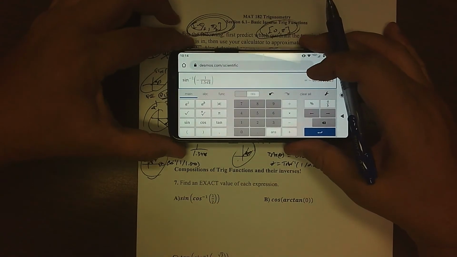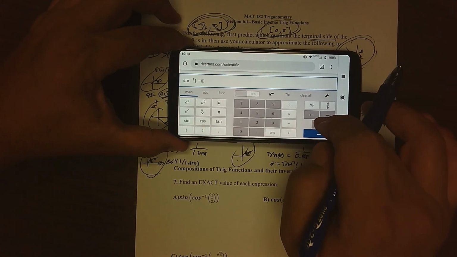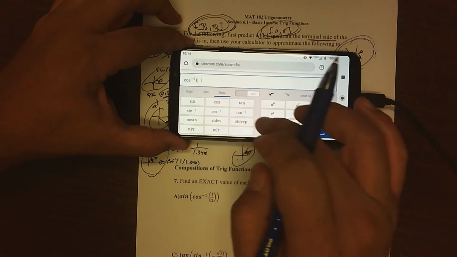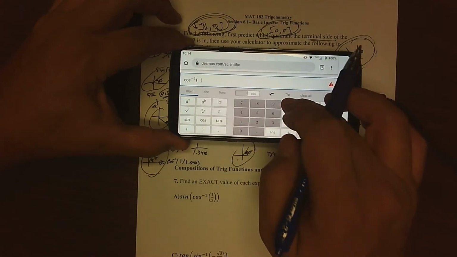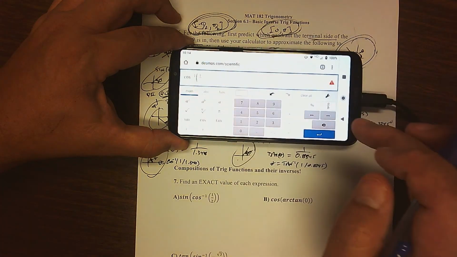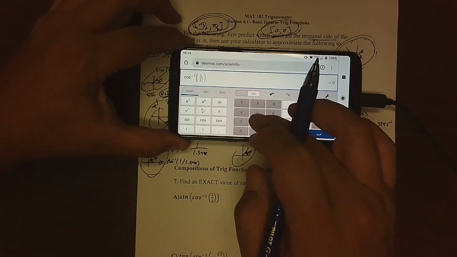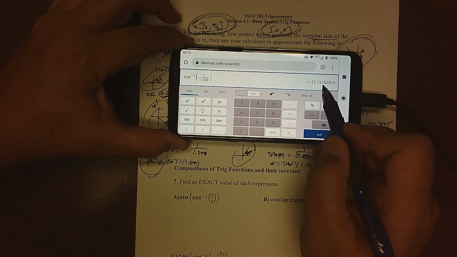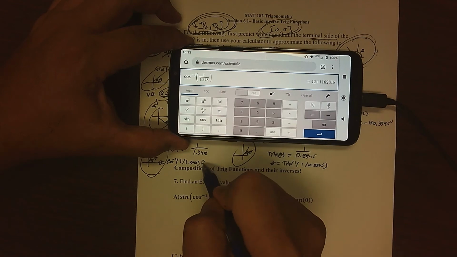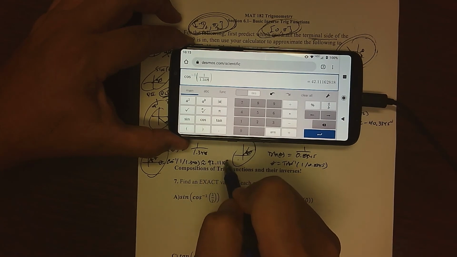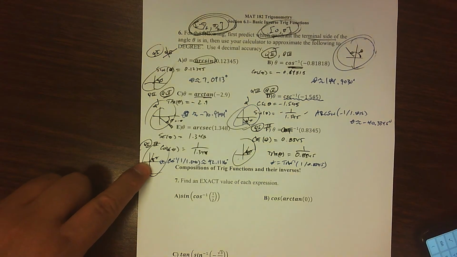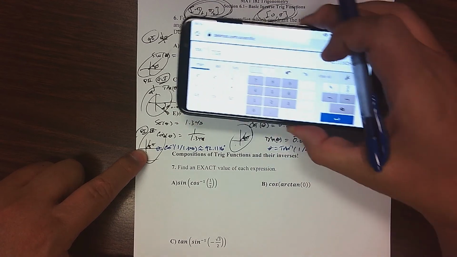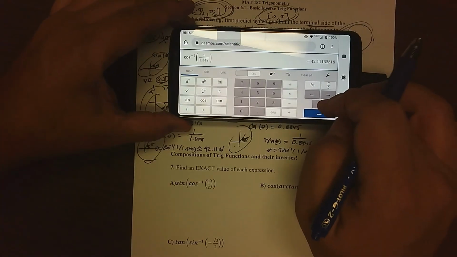So, last bit of number crunching: the inverse cosine of 1 divided by 1.348. I'm getting 42.1116, so this is roughly 42.1116 degrees, and that's what we were anticipating. We were anticipating a nice angle in quadrant number 1, and that's exactly what the calculator gave me.